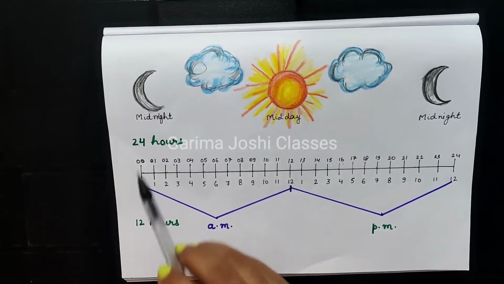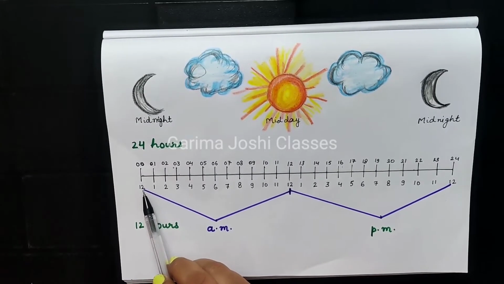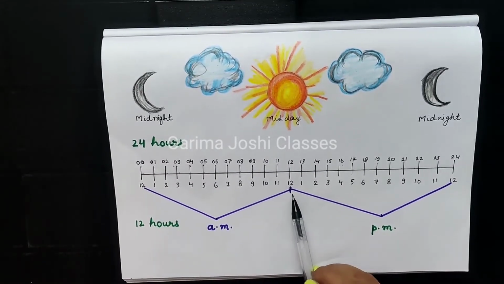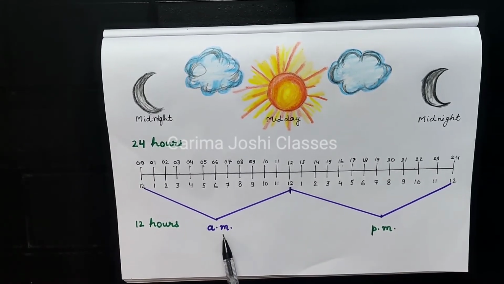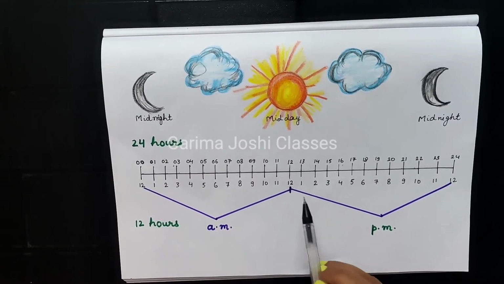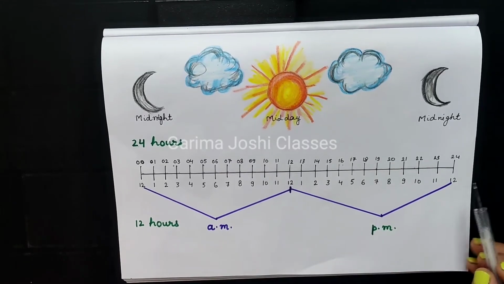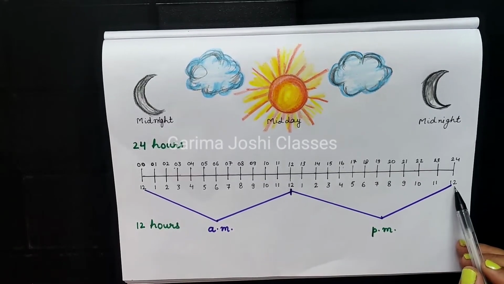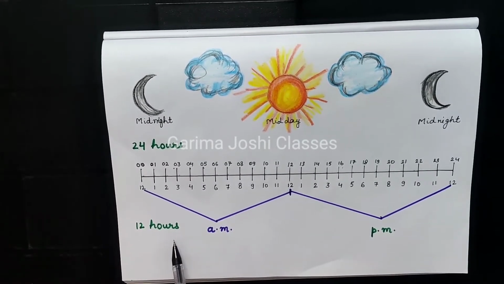Children, from midnight 12 o'clock till midday 12 noon, it is written as AM in 12-hour clock, and from midday 12 noon to midnight 11:59 PM, it is written as PM in 12-hour clock.